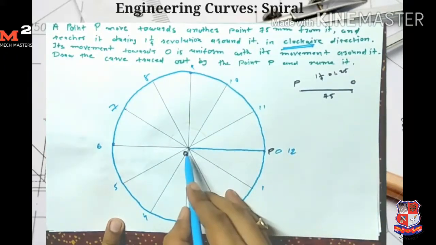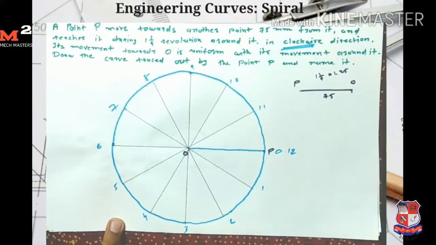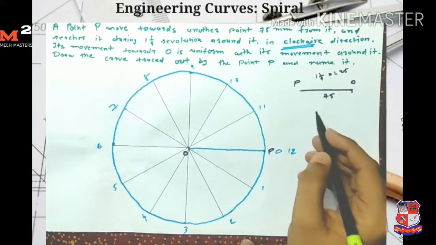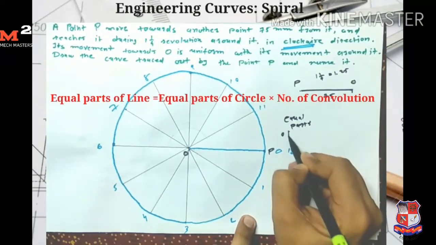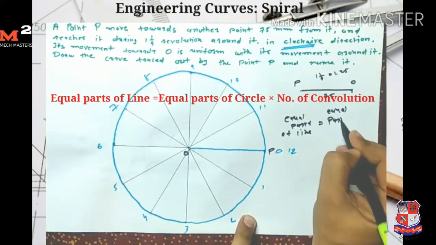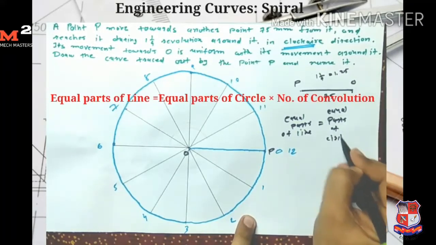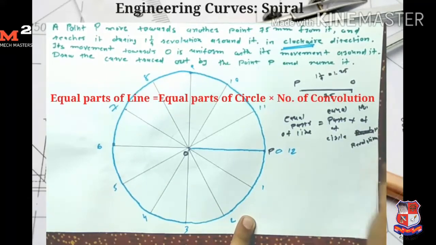Now I divide the line OP into equal parts. The number of equal parts of the line is decided by this equation: number of equal parts of line equals number of equal parts of circle into number of revolutions or convolutions.